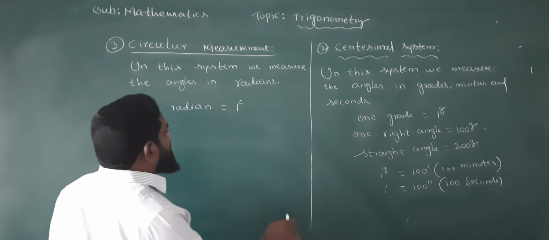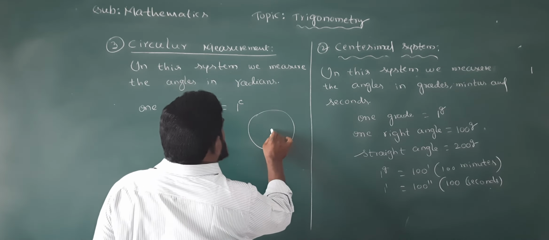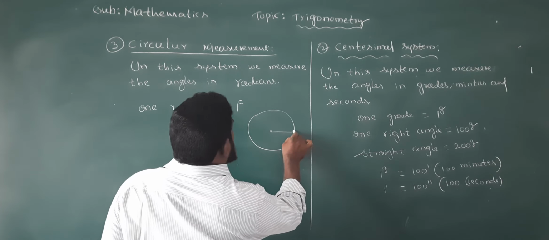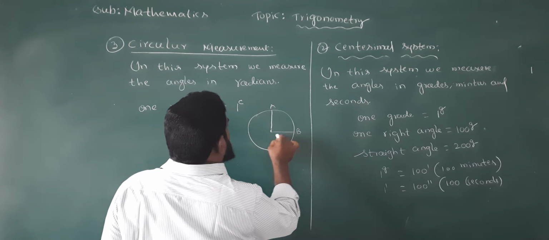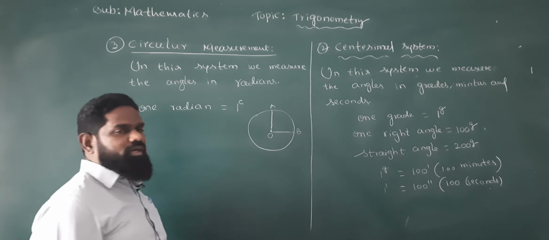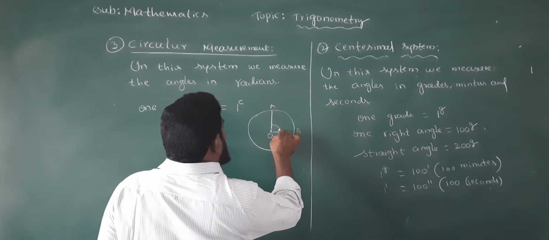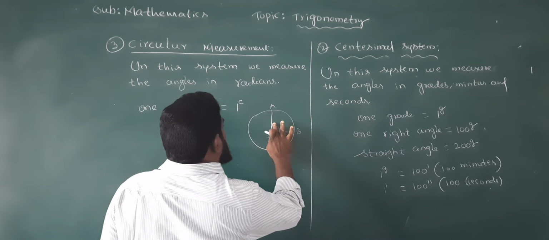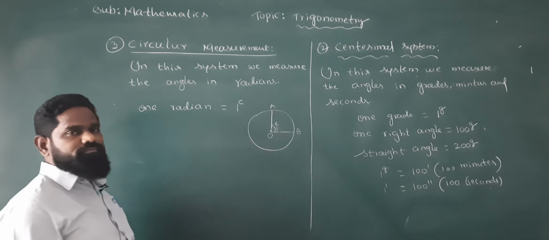Actually 1 radian is defined like this. In a circle, the angle made by an arc AB, which has length equal to the radius of the circle, makes some angle at the center of the circle. That angle is called 1 radian.